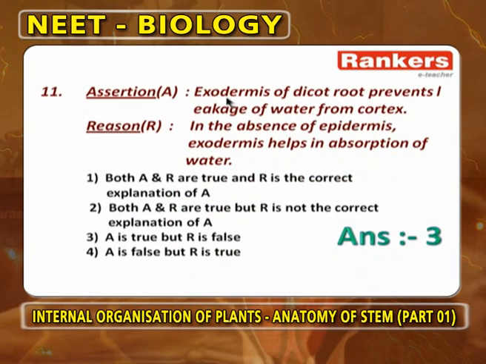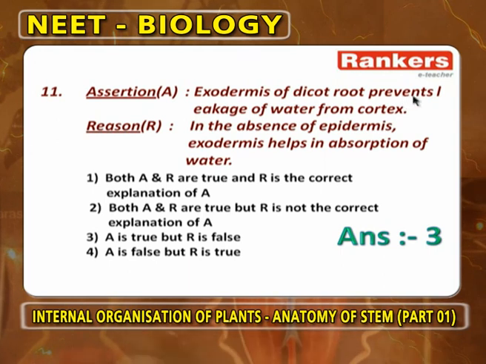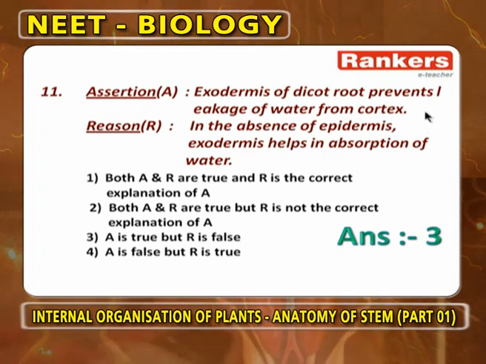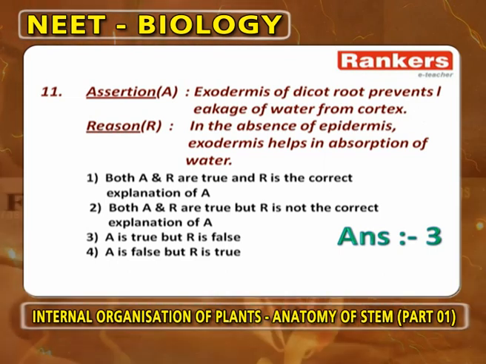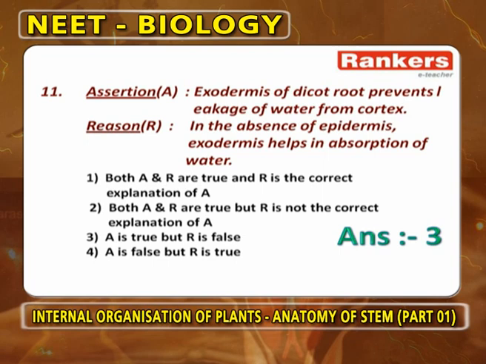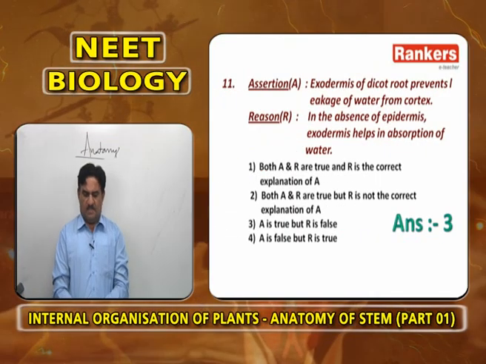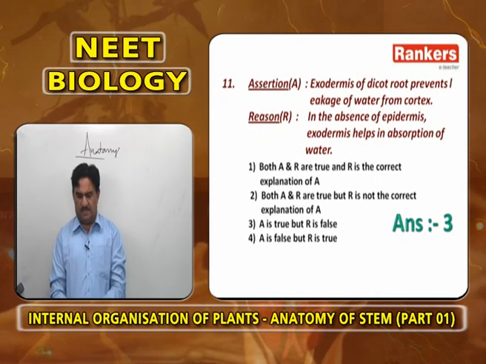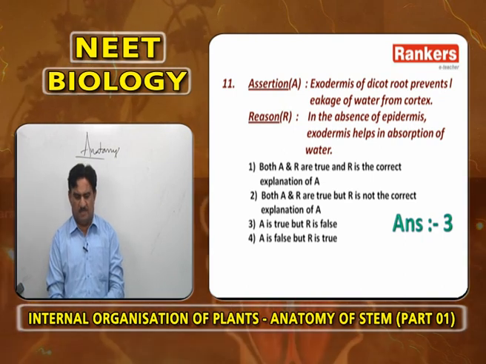Assertion: Exodermis of a dicot root prevents the leakage of water from cortex. Exodermis is made of suberized cells. It not only gives mechanical support but also prevents the excessive loss of water. Reason: In the absence of epidermis, exodermis helps in the absorption of water.